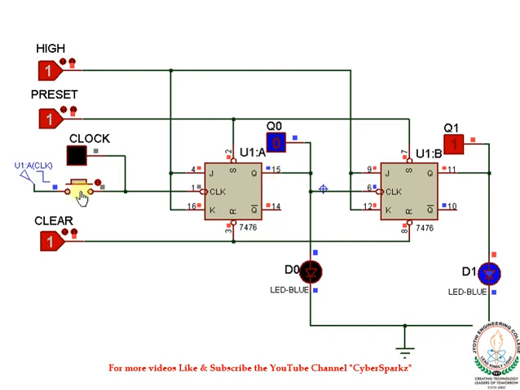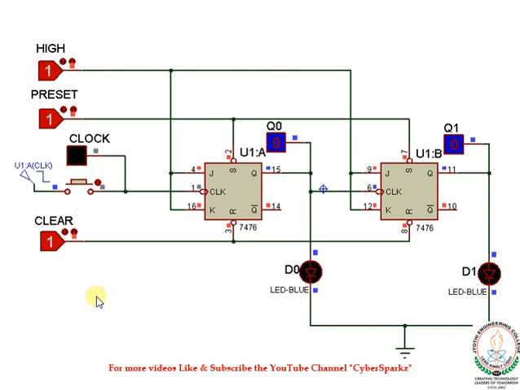The second flip-flop will receive a clock signal for every 2 clock pulses received by the first flip-flop. So for the next clock pulse, the flip-flop output will change to 1, 1. Now providing the next clock pulse, both the flip-flops will toggle their state and reset the counter to 0, 0.